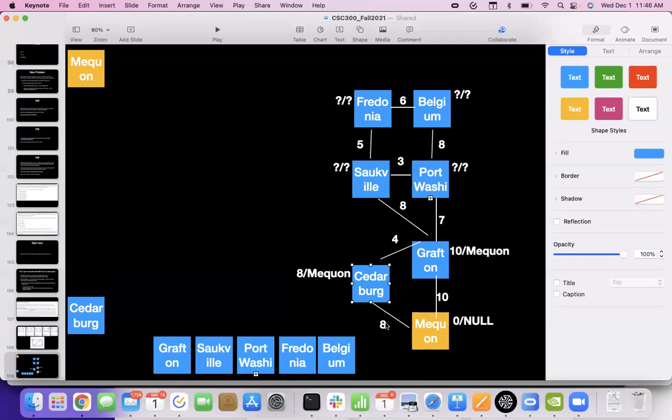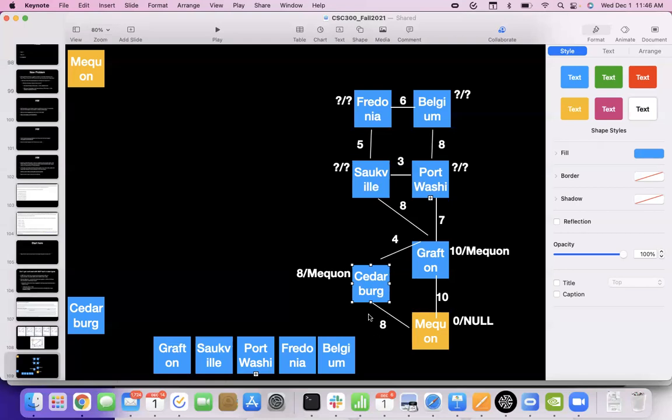So 8 plus 8 is 16. Is 16 less than 0? It's not. So we're not going to update anything here. Then we also have Cedarburg to Grafton. 8 plus 4 is 12. Is 12 less than 10? It is not. So we won't update anything.